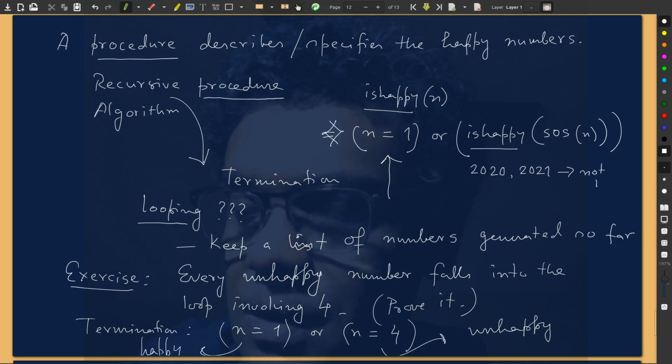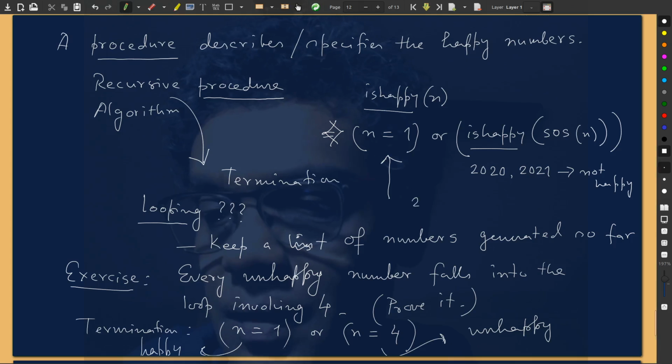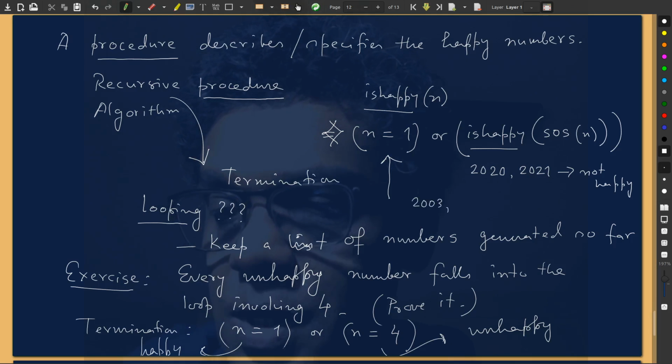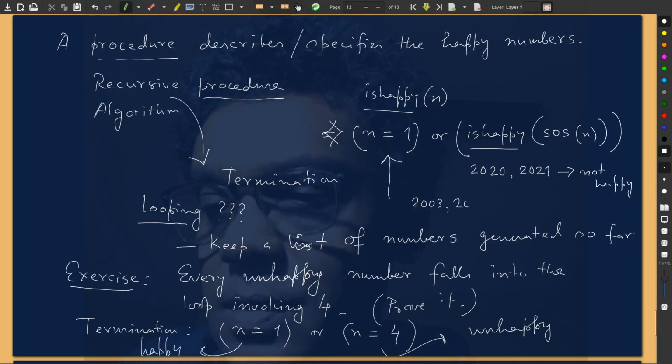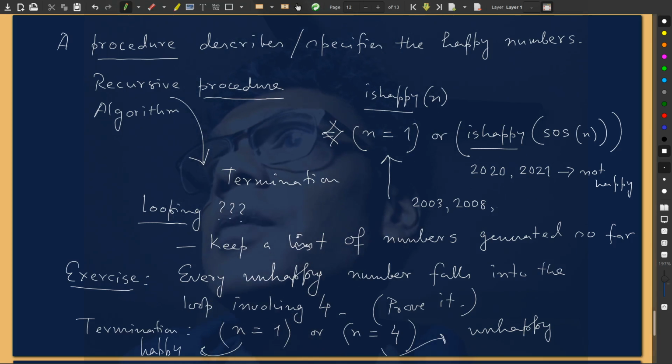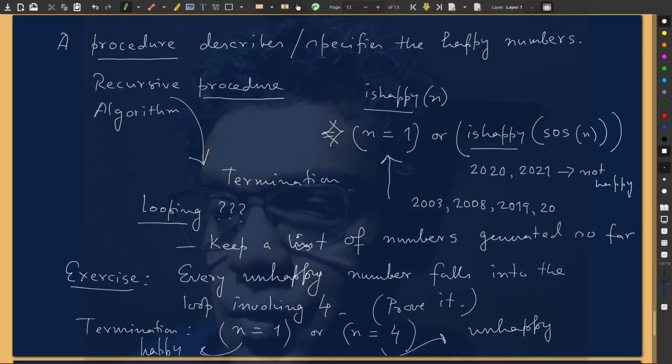In fact, so far in this millennium, which are the happy years? 2003, 2008, 2019, 2026, 2030.